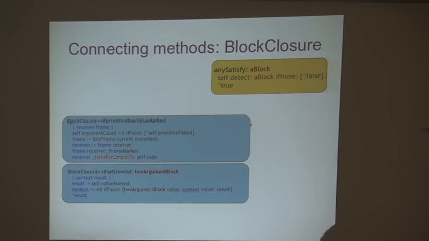And we are seeing here a valueMarked, which is a very similar implementation of value, but which serves another purpose. When you want to do an ensure, you have to do something, because the semantic of ensure is that I want to execute this block that I'm passing as a receiver, but I also want to execute this other block. This other block has to be executed if the block ends naturally without a return, or if the block returns from the method.